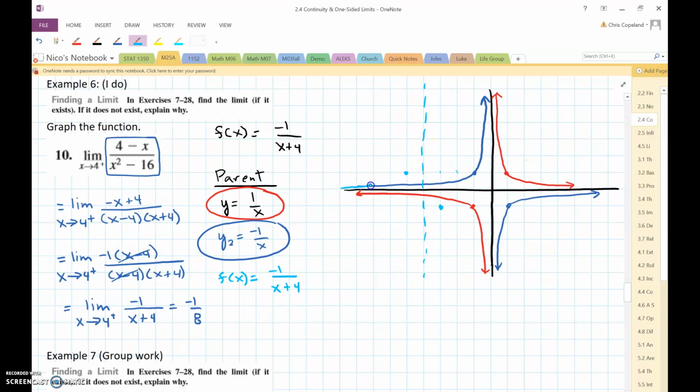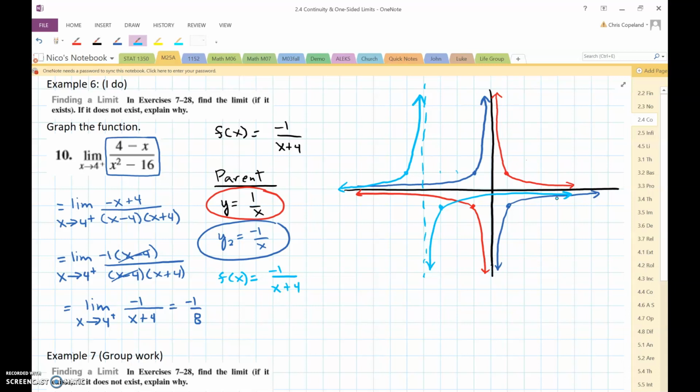And then this graph is going to look like this. Okay, so the light blue is the final graph here, and I just did transformations to illustrate that.